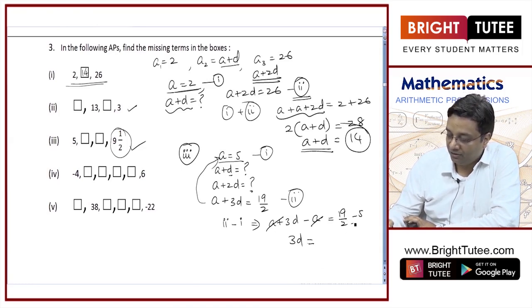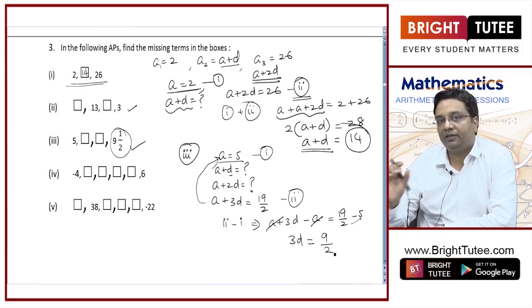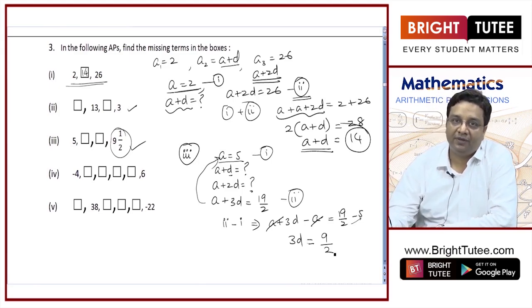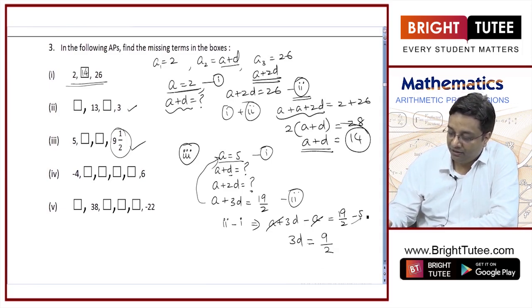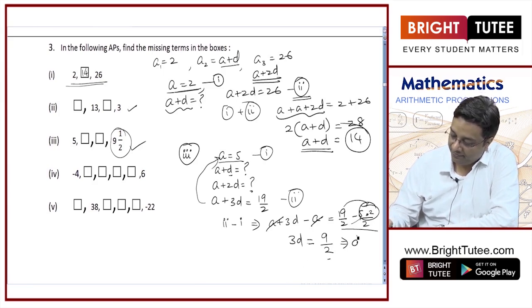You just multiply this 2 by this, it will become 10. 19 minus 10 is 9 divided by 2. Otherwise you can make the denominator the same and then calculate. You could have done 2 by 2 here, this would become 10. 19 minus 10 is 9 and the denominator is 2. So D is 3 by 2.